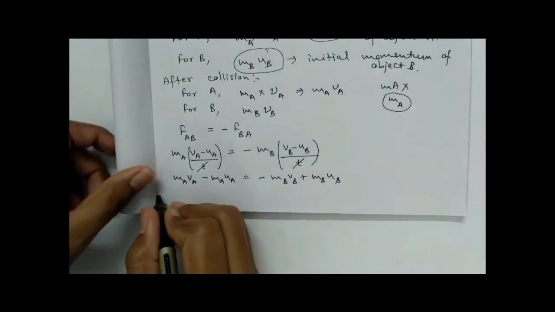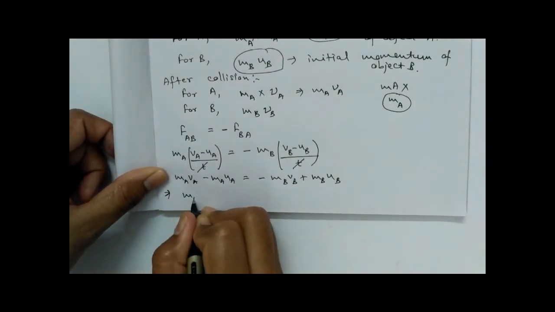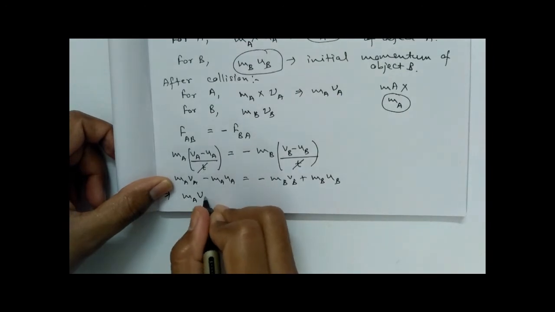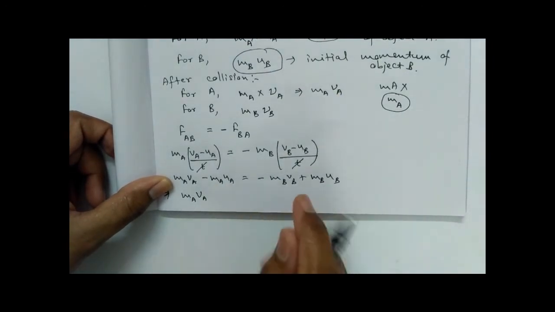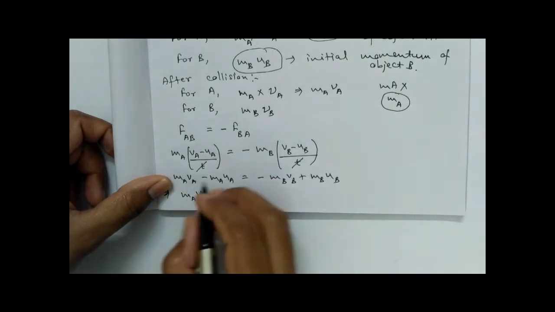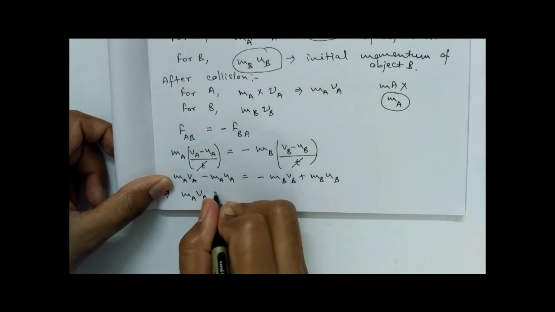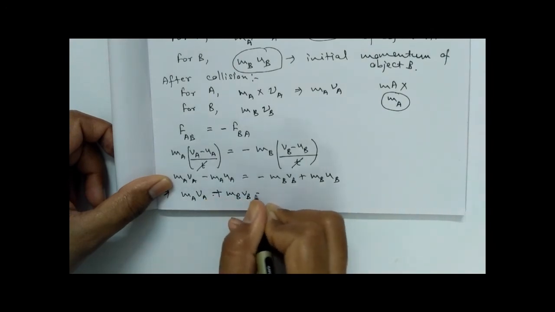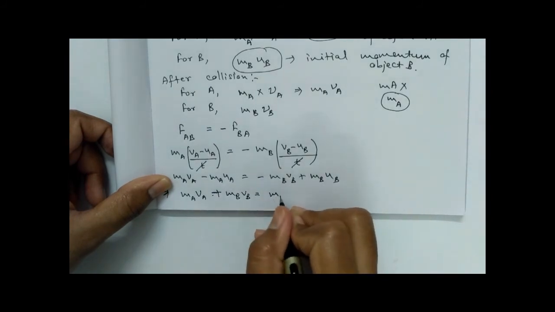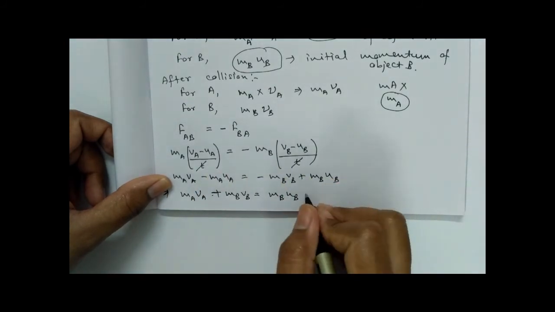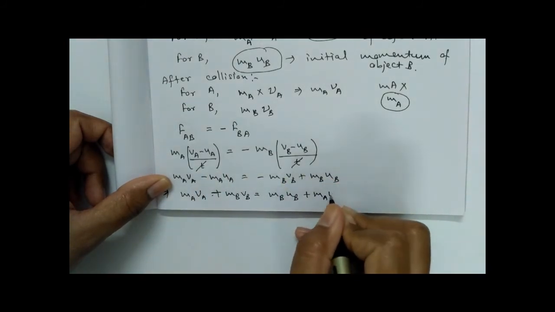Now rewrite it. It will be ma va. Bring this minus mb vb here, so it will be equal plus mb vb. And it will be mb ub, and bring this minus maua here, so it will be plus maua.